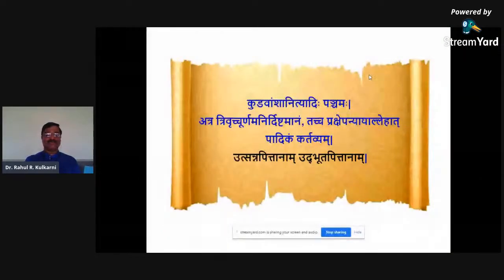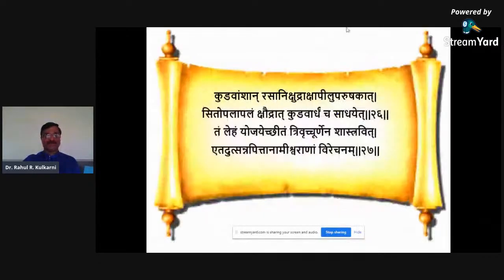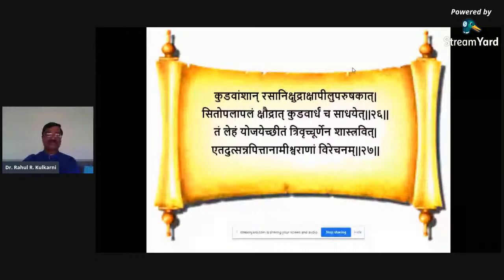That is what he says. Utsanna pittanam udbhuta pittanam, that it has become ready to come out with very small efforts. So this kalpa, which is prepared by ikshurasa, draksharasa, pilu and parushakarasa, sitopala and shaudra, is one of the mildest varieties of virechana kalpas.